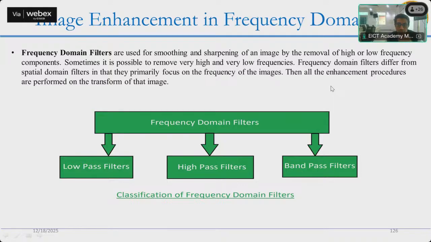When we discuss the low pass filter and the high pass filter, frequency basically refers to the change in pixel intensity. If there is a quick change in the intensity of nearby pixels, then high pass filters are required.